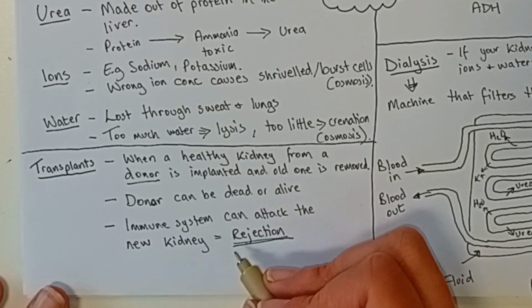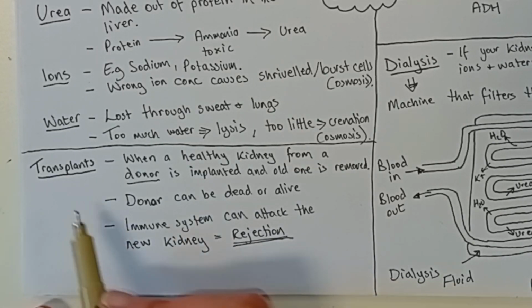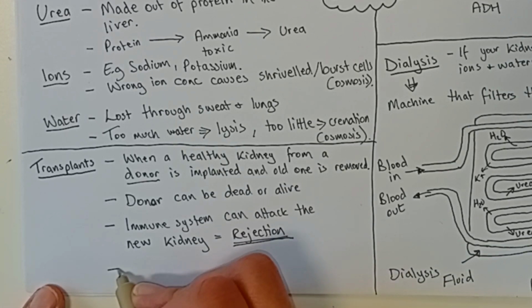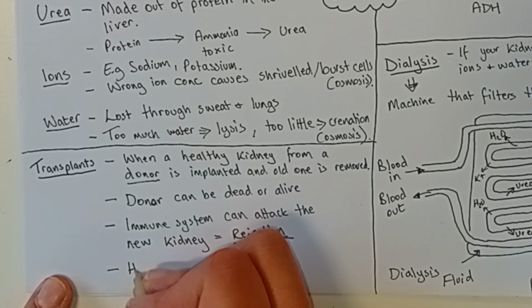The risk of rejection can be reduced by the donor being a family member. If the family member donates a kidney, then they're more likely to have the same shaped antigens as you on their cells, and therefore your immune system is less likely to attack it. So if somebody has a transplant, then they have to take drugs to reduce the effects of the immune system. They're called immunosuppressants.